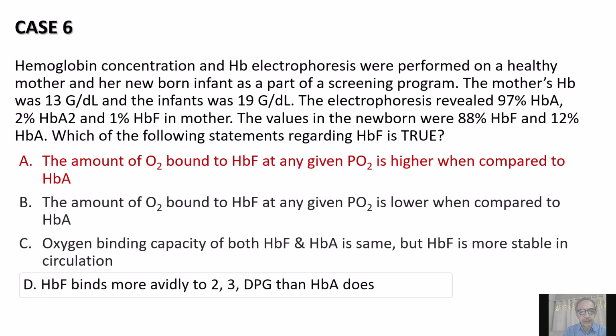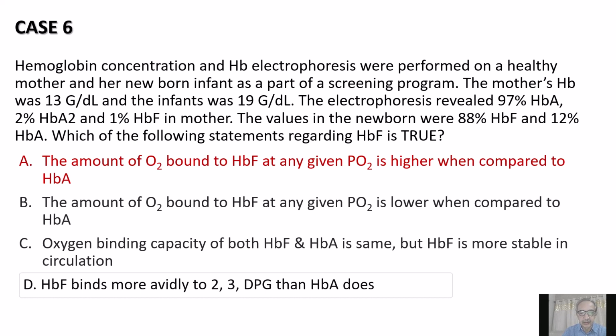Now look at the dissociation. 2,3-DPG, a compound in RBC, when present in higher concentration, causes the oxygen dissociation curve to shift to the right. That means at any given PO2, there is more dissociation of oxygen from the hemoglobin. Since the HbF curve is already to the left, this option is not true.